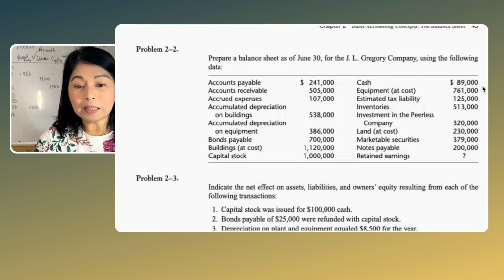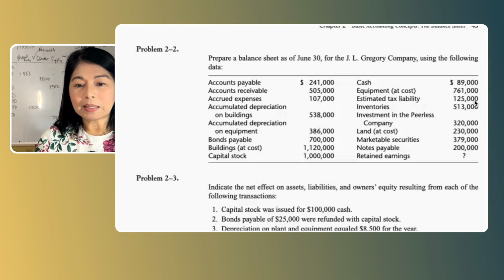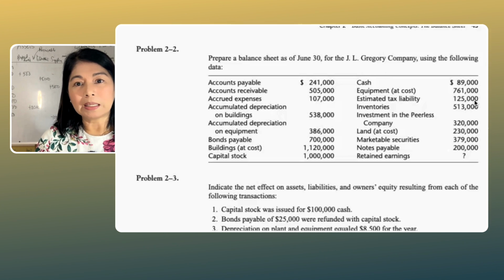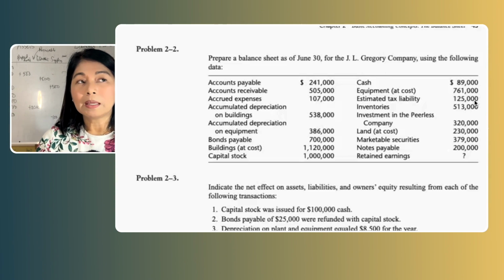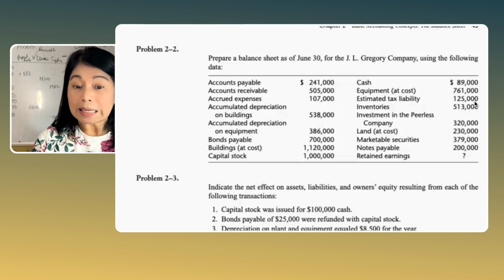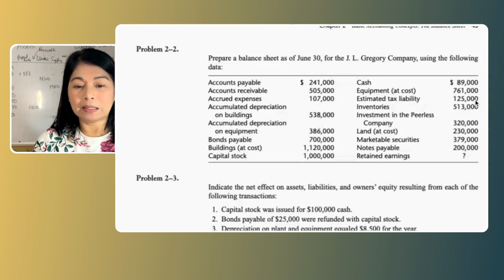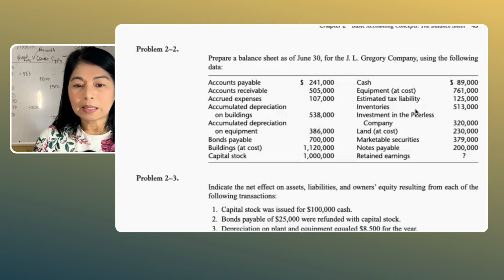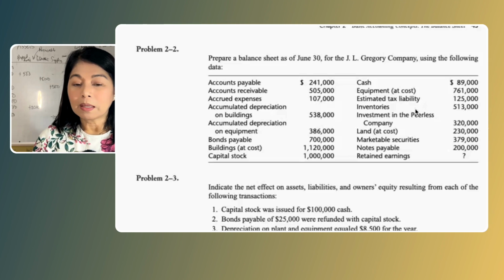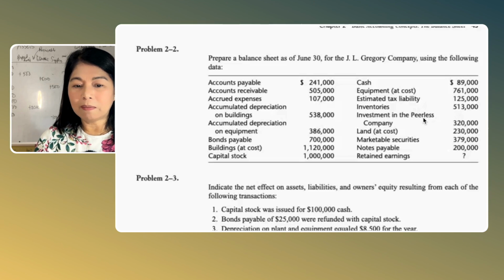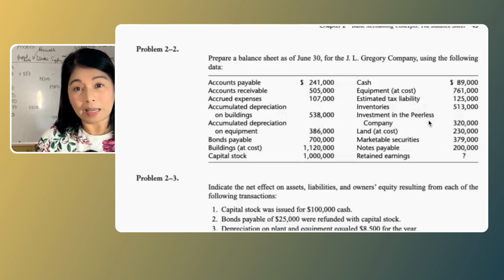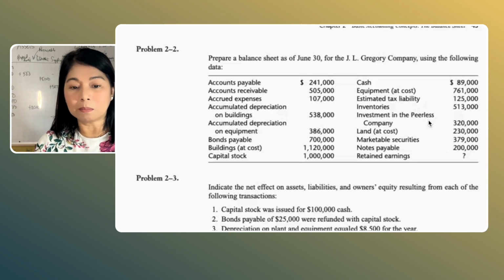Cash is 89. Estimated tax liability, this will come under the profit before tax, less estimated tax liability, 125,000. Inventories 513, investment. So this is an asset. You have an investment in another company.